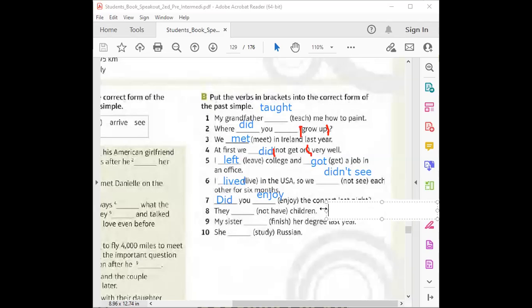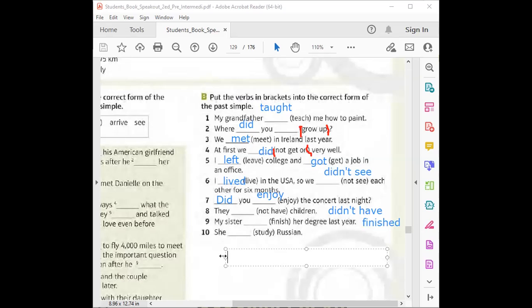They didn't have children. What about 9? Who can answer 9? My sister finished her degree last year. And what about 10?